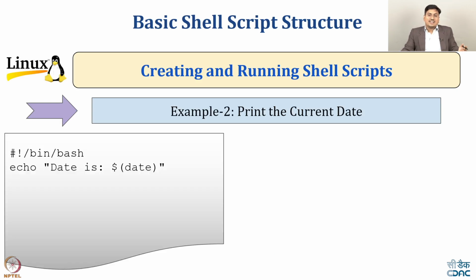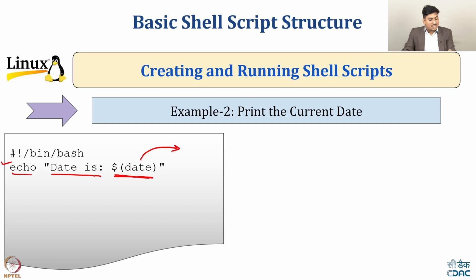Got it? Let us take another example where we will be executing the script itself. Let us take this script where we are going to print the current date. With the echo command we are printing a normal message, and once again within the echo command we are trying to execute a command.